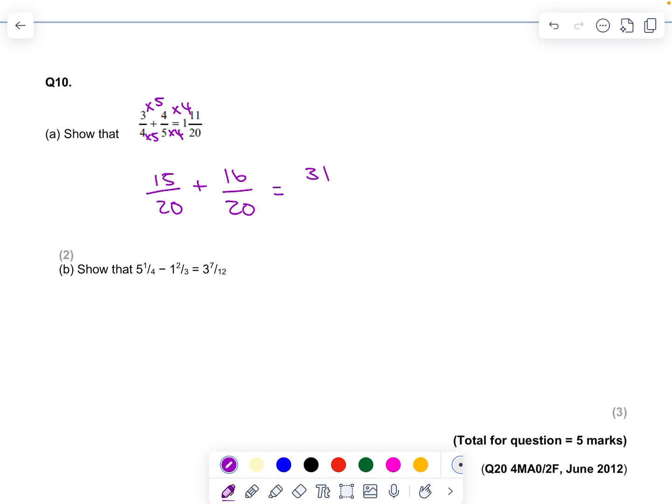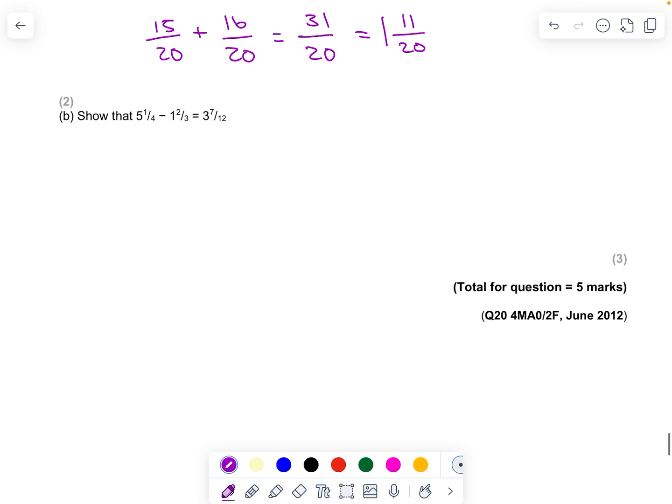This gives me 31 over 20. And then I turn it back into a mixed number by saying how many 20s go into 31? 1 whole and 11 left over, so 11 over 20.